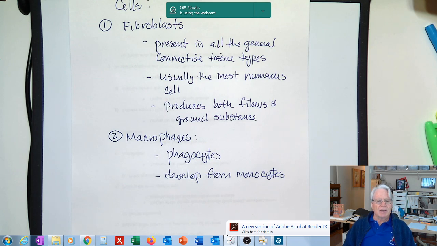Without going into much detail, the history and the development of the cells that you find in the blood is quite complex. This includes the red blood cells, the white blood cells, as well as the platelets. Very complex set of developmental stages for each of these cells. I don't want to go into that. You'll probably have some exposure to that when you do the chapter on blood.